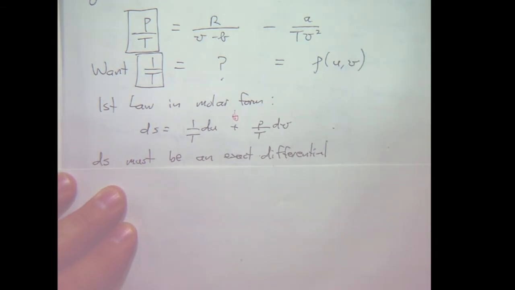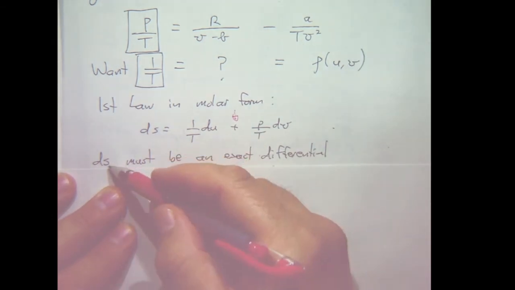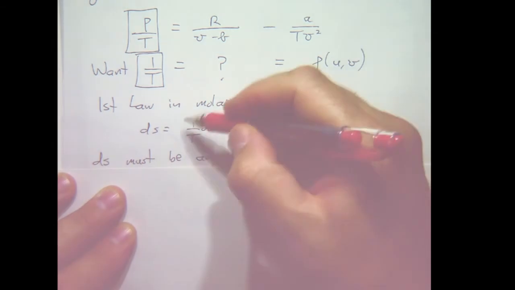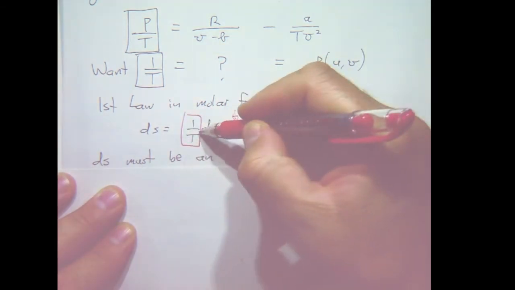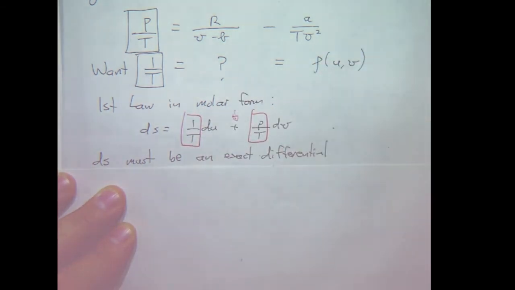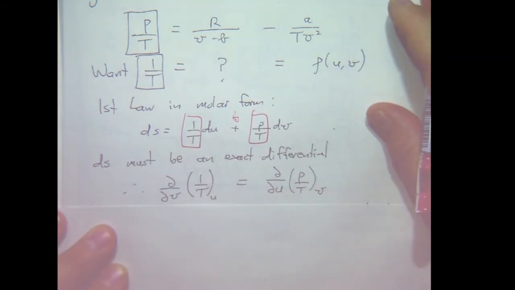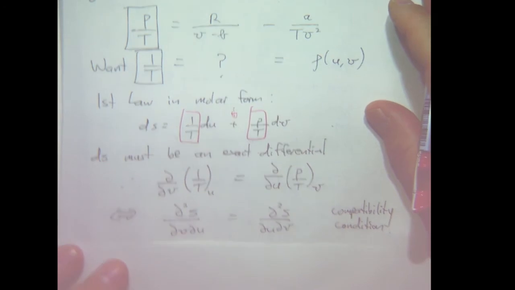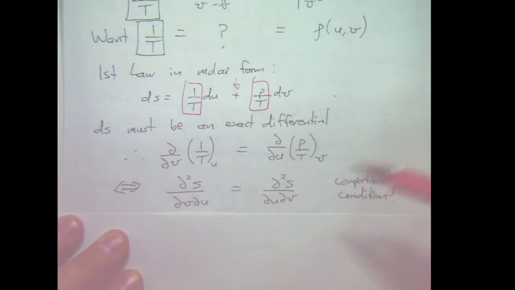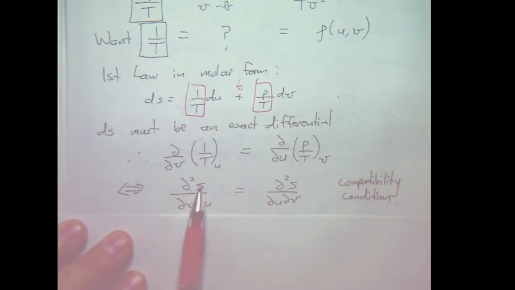The theorem tells us that in order for ds to be an exact differential, the derivative of this with respect to v must equal the derivative of this with respect to u. The cross derivatives. That must be true. And which means that really what it's saying is that the cross derivatives of the entropy, molar entropy, must be equal. That's what it's saying.